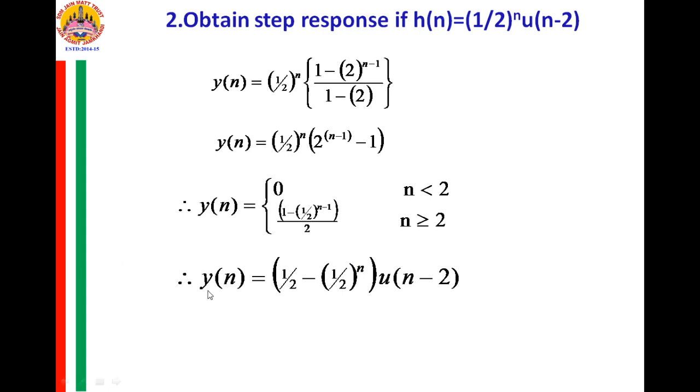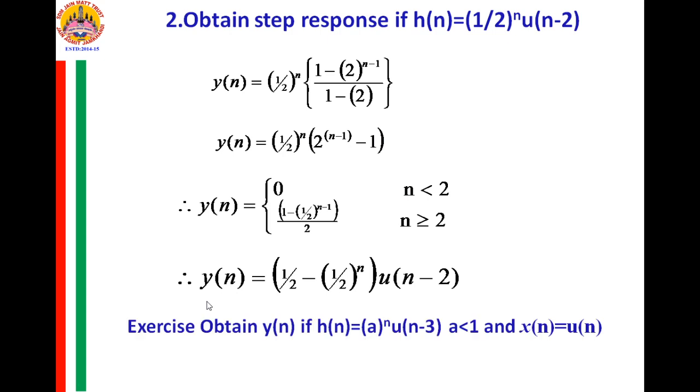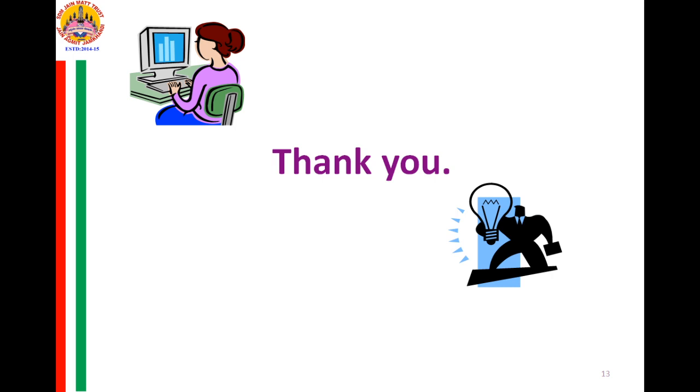So this is an exercise for you: obtain y[n] if h[n] is alpha raised to n u[n minus 3], with alpha less than 1, and x[n] equal to u[n]. I hope that you will do it for yourself by going through this example which I have solved. So thank you very much for your patience in hearing, students.